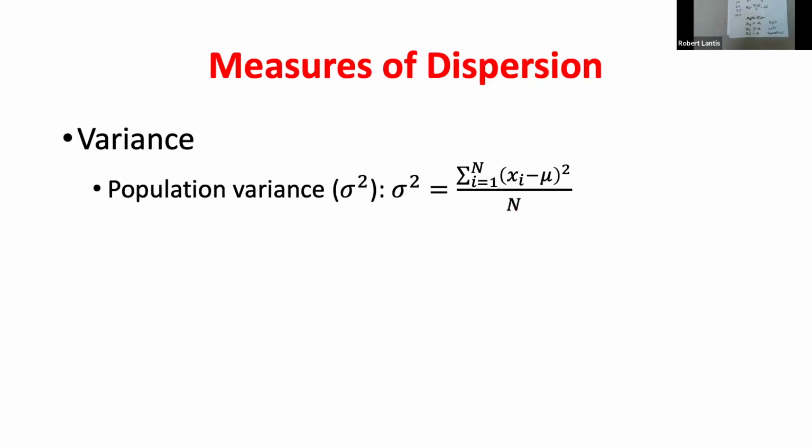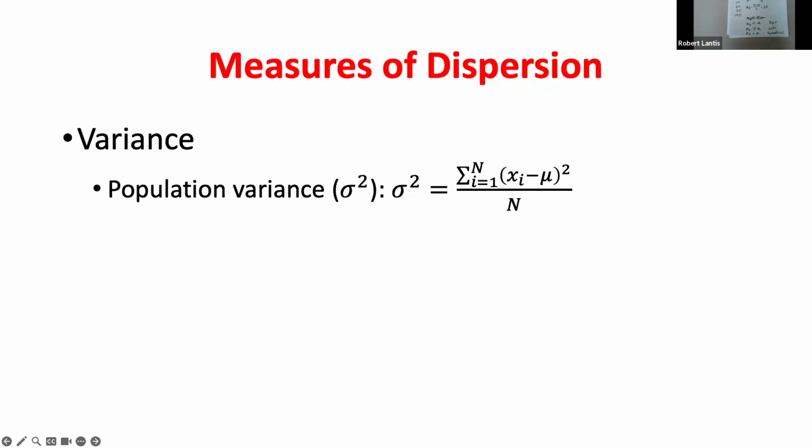The trickier one to calculate, but once we see there's some built-in stuff in Excel and see this broken down it's not too bad, is the variance. The population variance we notate with sigma squared. Once again, we see the summation sign pop up.